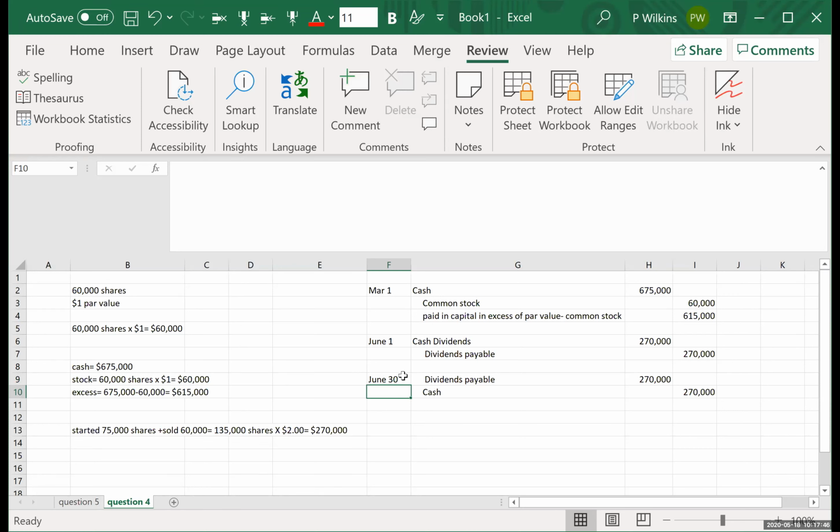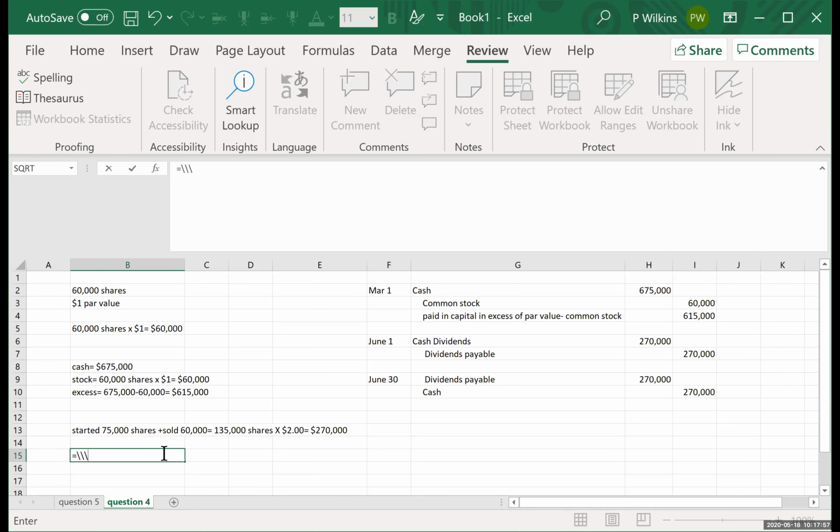December 1. Purchase 5,000 shares of common stock for Treasury at $18 per share. So we've got 5,000 shares times $18 a share equals $90,000.